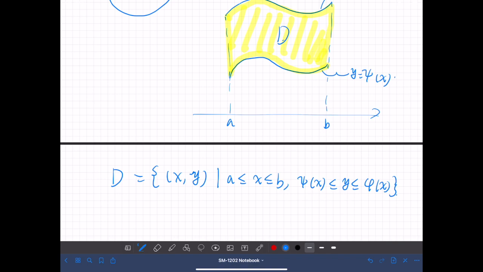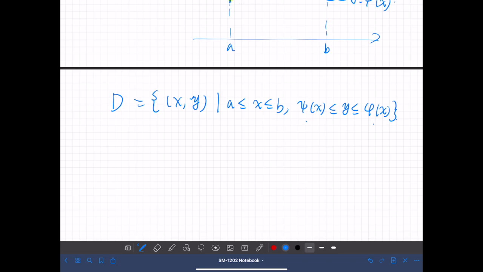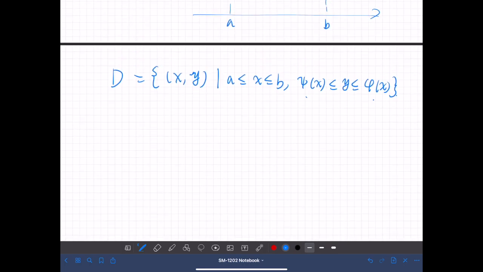And of course, we assume these functions psi and phi are continuous functions. And we also assume that the function we want to integrate is also continuous in this region.